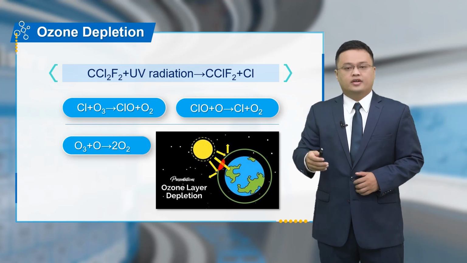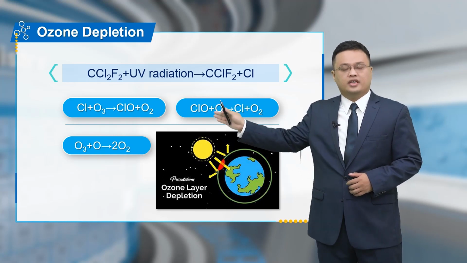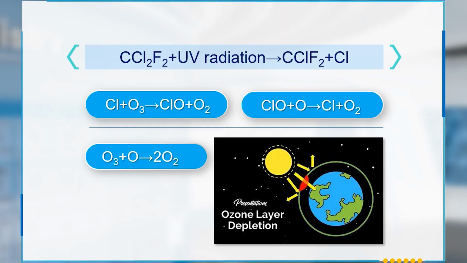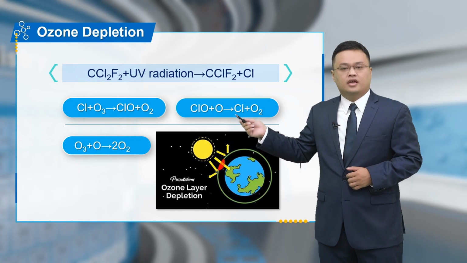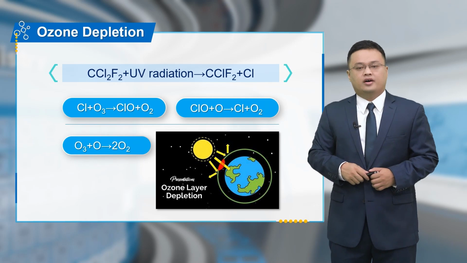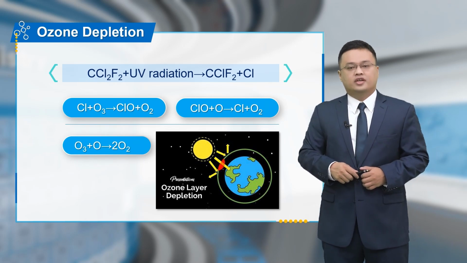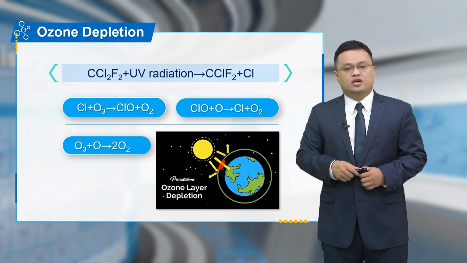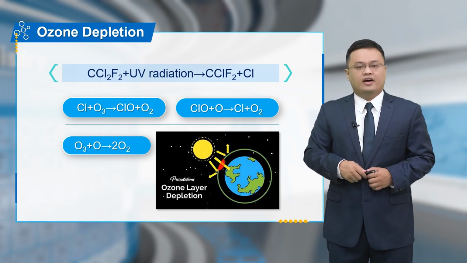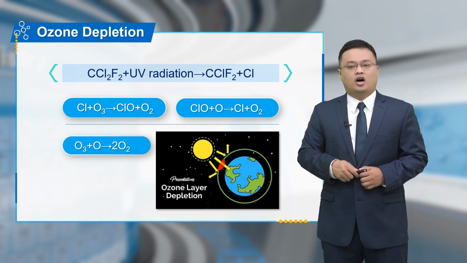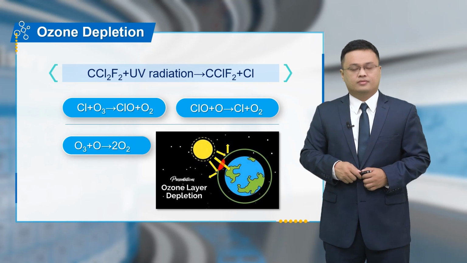In the stratosphere, they can absorb the UV radiation and dissociate. Chlorine atoms from these reactions set up the ozone-destroying cycle and play as a catalyst. The ozone depletion puts humans on Earth in danger. Therefore, the production and use of chlorofluorocarbons have been significantly reduced all over the world.